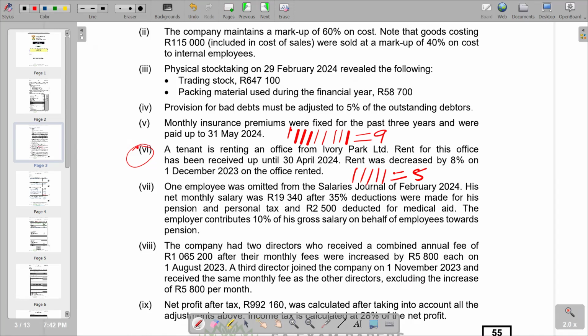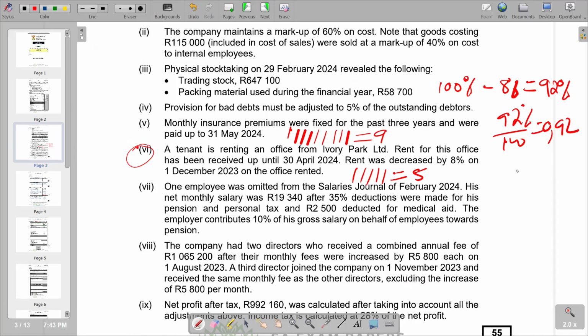According to the rent, when it decreased, it was now 8% less. So remember, before it decreased, it was 100%, and then it decreased by 8%, which means it went down to 92%. So 92%, we divide by 100, it becomes 0.92. So it was 0.92 for 5 months.